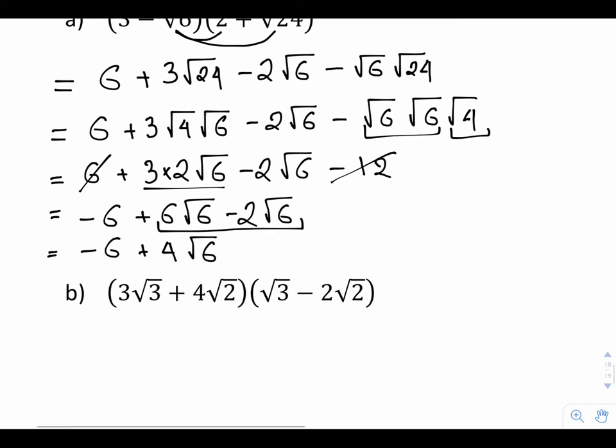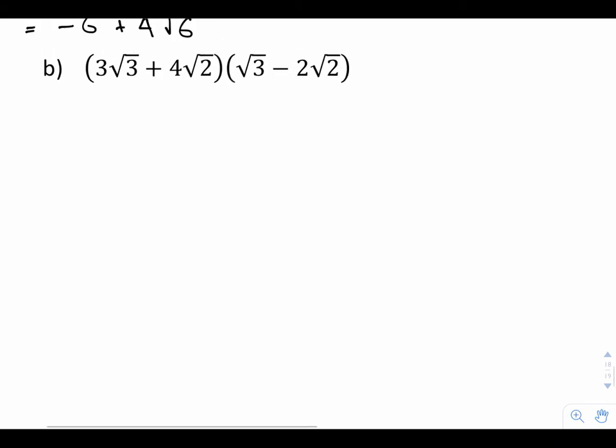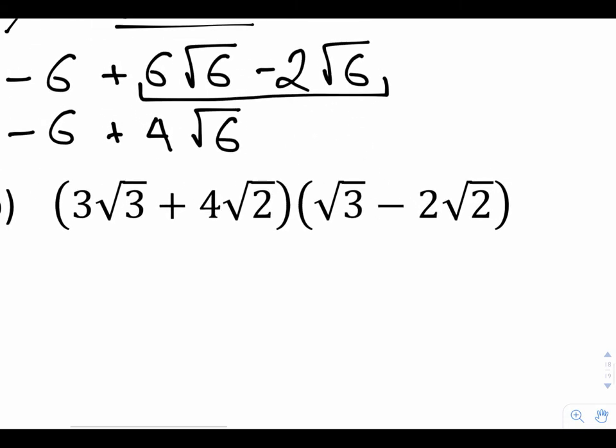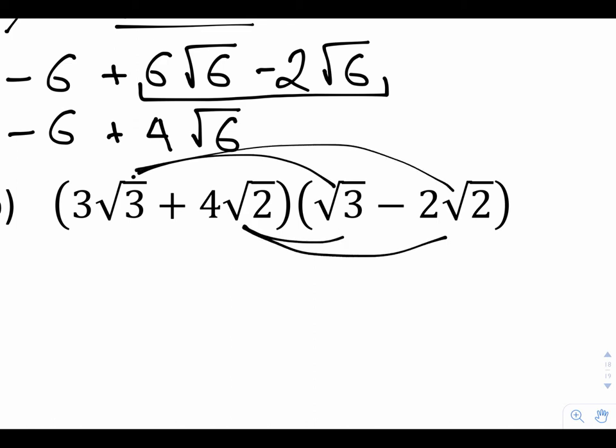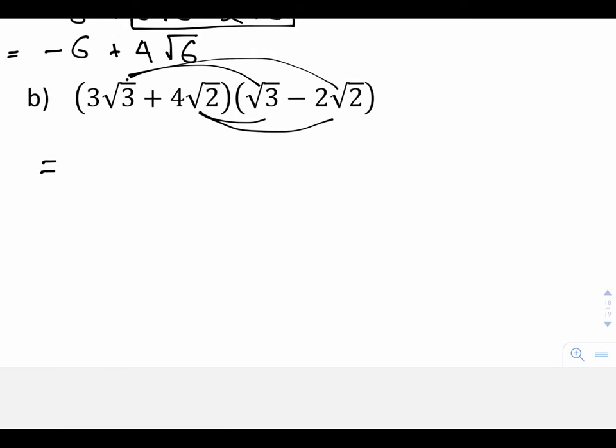For part B, I'm looking at, again, two binomials with radicals inside the brackets. So I'm going to connect them with a line, which just means I multiply them out. And what I get here is, for my first term, 3 root 3 times root 3.